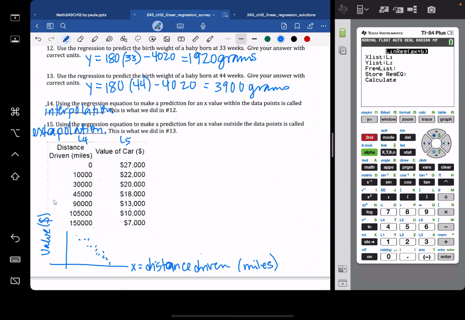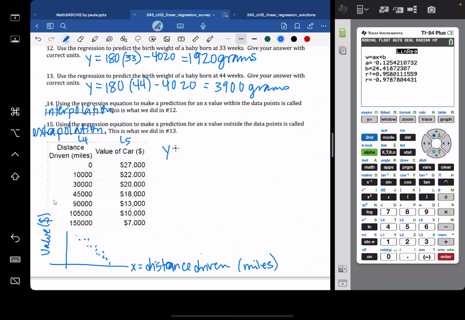I'm using L4 and L5. And then I want to store the regression equation into vars y-vars function y1, and then calculate it. And this is giving me the equation. I'm going to go ahead and write it down before I lose it.